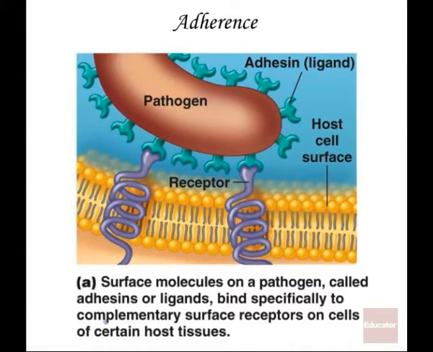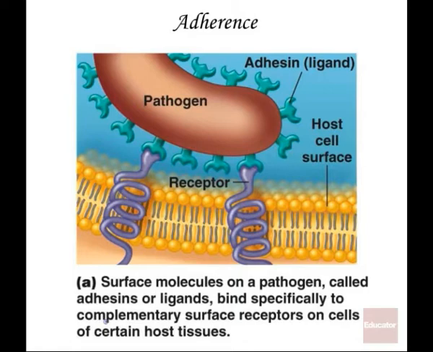So here's a picture of adherence, and you can see that these ligands on the pathogen have evolved to fit in a complementary way to certain receptors on a host cell tissue or a host cell membrane. And it's interesting because that can also determine where a pathogen is likely to survive and likely to grow and multiply.